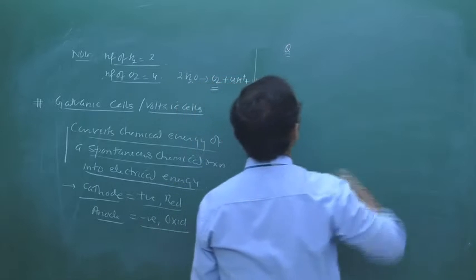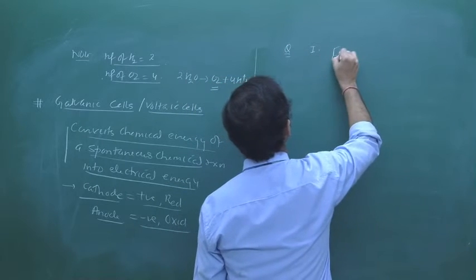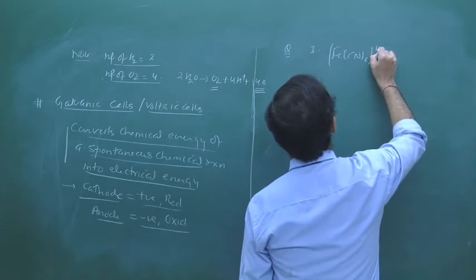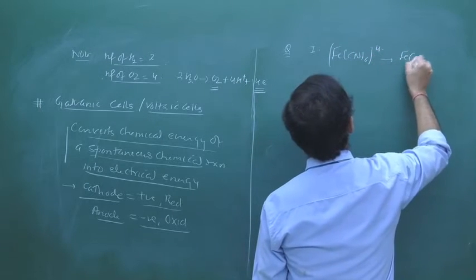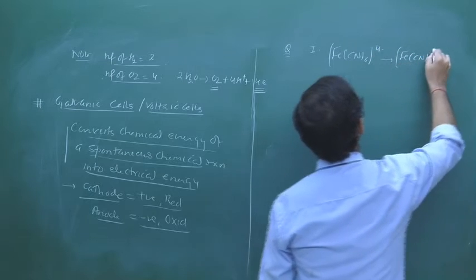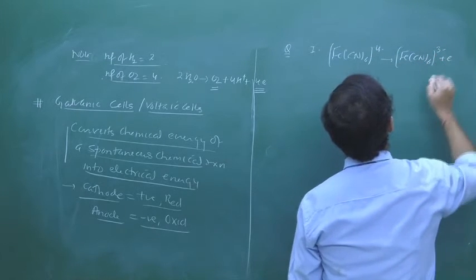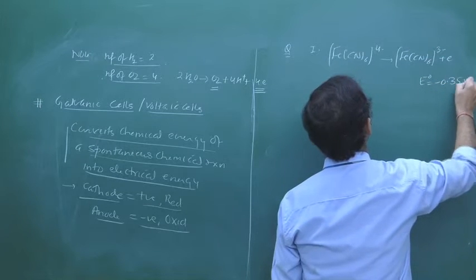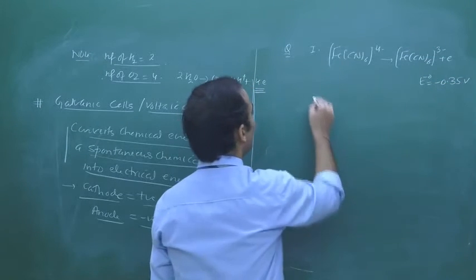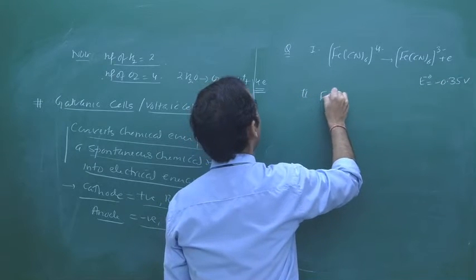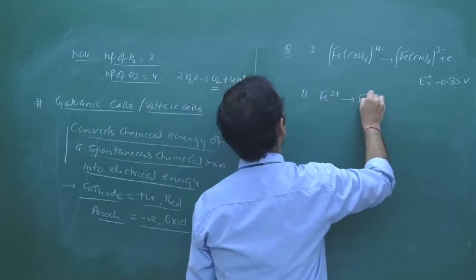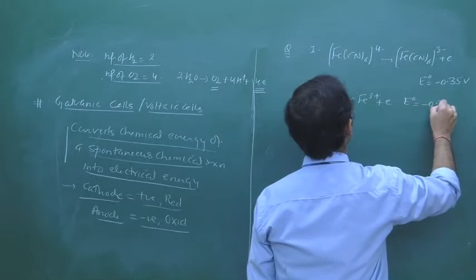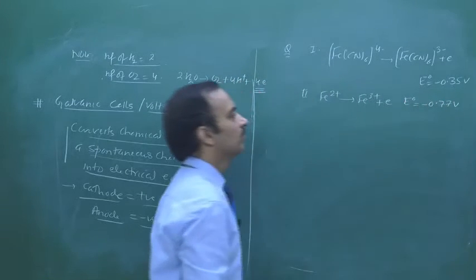Like the question is, we are given a reaction of this type: Fe(CN)6 4- converts to Fe(CN)6 3- plus electron, its E naught is minus 0.35. Another is Fe2+ converts to Fe3+ plus electron, its E naught is minus 0.77.